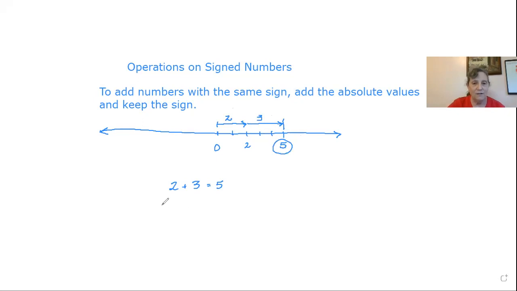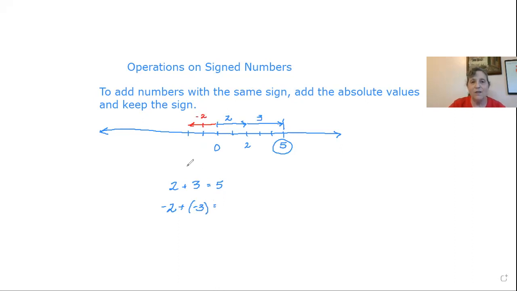Now, likewise, if we take a -2 and add a -3, the -2 is going to move us, let's change colors, 2 units to the left, 1, 2.